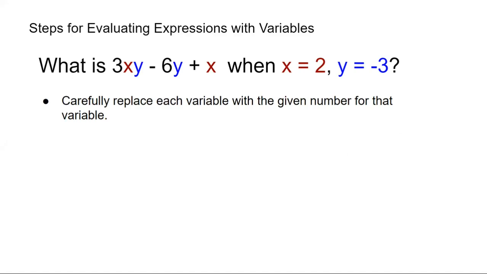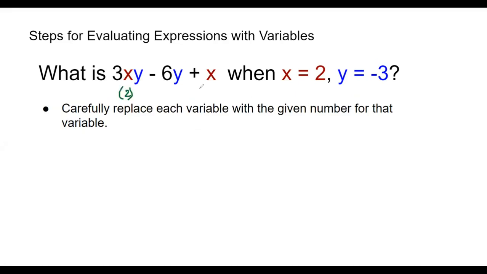So in this instance, we're told that x is 2, so we can replace x with 2. And we have another x here. I'll explain why I'm wrapping that in a parenthesis in a moment. Y is equal to -3. And here's another y, -3. So that's effectively our substitution.